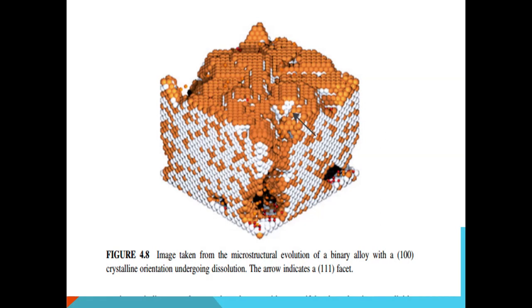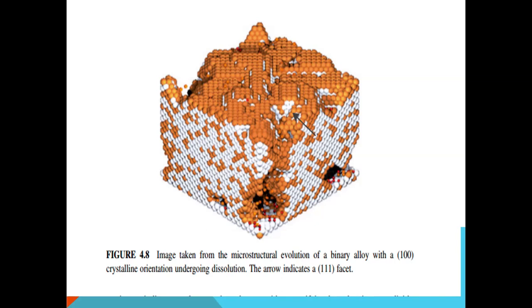Figure 4.8 is an image taken from the microstructural evolution of a binary alloy with slip planes, crystalline orientation undergoing dissolution.